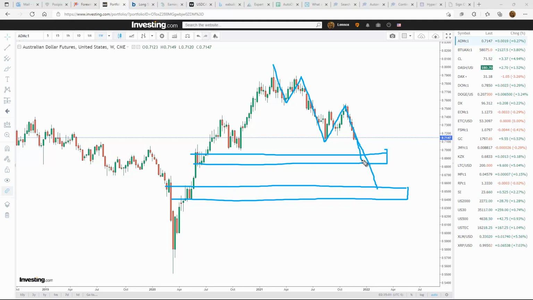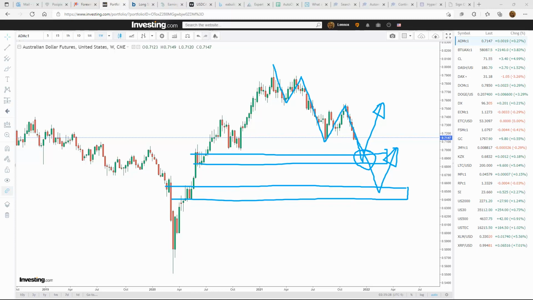So we could come back into here, or we could then go further down into this level and then go something like that. So one of these is going to play out, and at this moment in time, of course, this one would be the first possibility. All right, so short term to here, longer term, we could even go further.